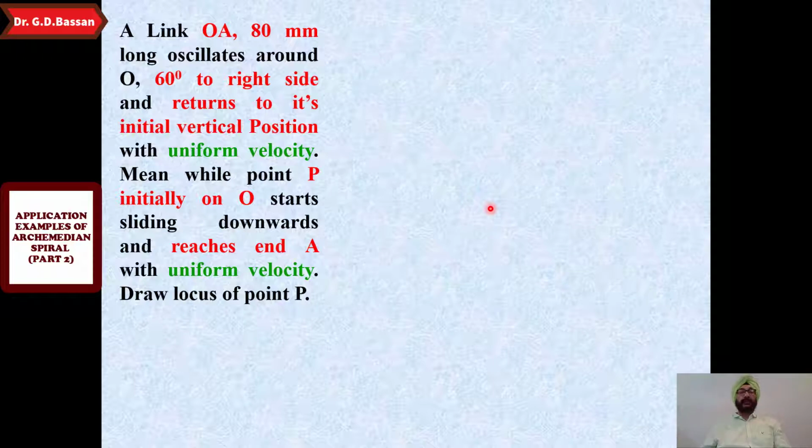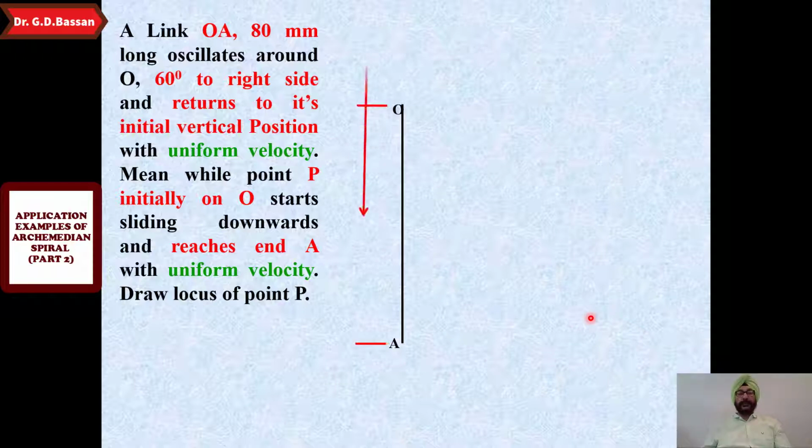Now let us start the example with the link. Draw a line OA equal to 80 mm in vertical position. From O, draw another line on the right side at 60 degree angle.